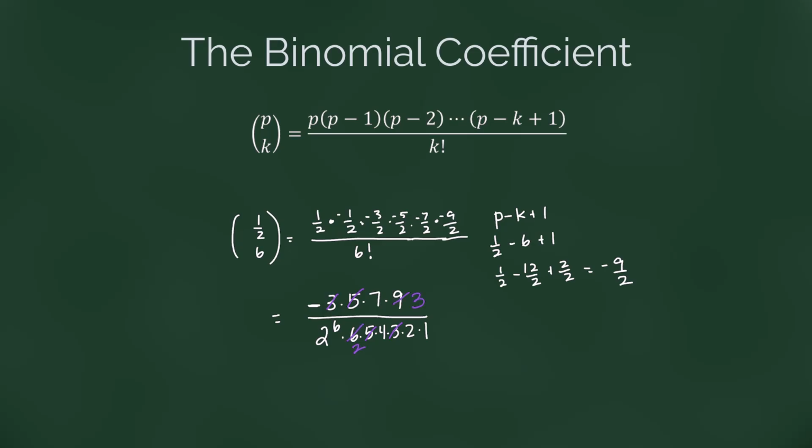So we can see then we end up with negative 21 on the top. And on the bottom, I have 2 to the 6th, and then I have another 2, and then I have a 2 squared, because that's 4, and then I have another 2, so I get negative 21 over 2 to the 6th, 7, 8, 9, 2 to the 10th, which is negative 21 over 1024.